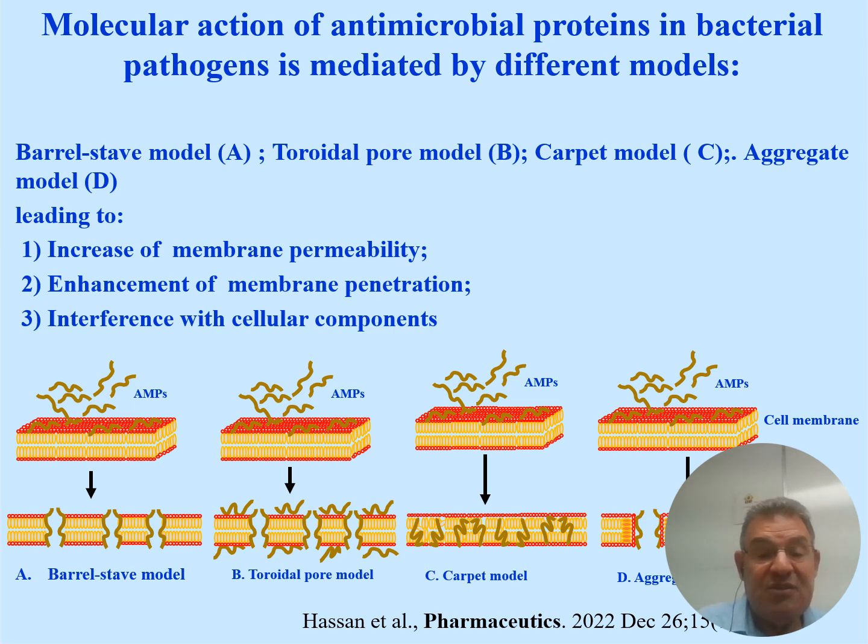The other one is the toroidal pore model, which covers or binds and interacts with the outer and inner membrane complex from all sides of the membrane to increase the permeability of the bacterial membrane. The other one is the penetration of the antimicrobial protein. This is the carpet model to damage the membrane.